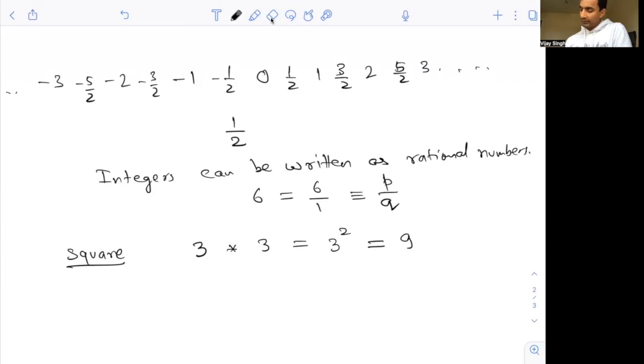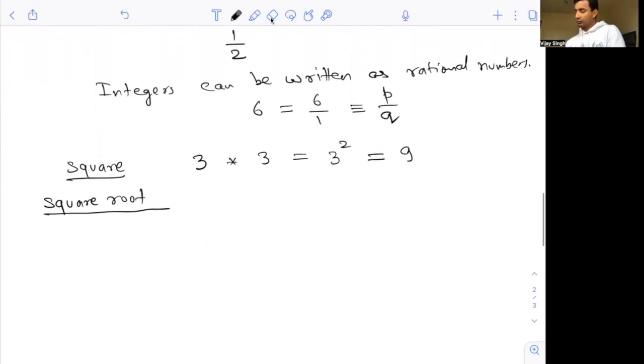Now, as we had the operations of addition and multiplication, we got their inverse operations, which were subtraction and division. For square, there is another operation which is called square root. Let's talk about the operation of square root.